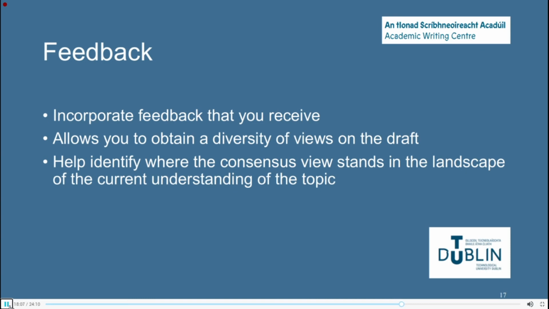So a diversity of feedback perspectives on a literature review can help you identify where the consensus view stands in the landscape of the current knowledge and understanding of the topic.